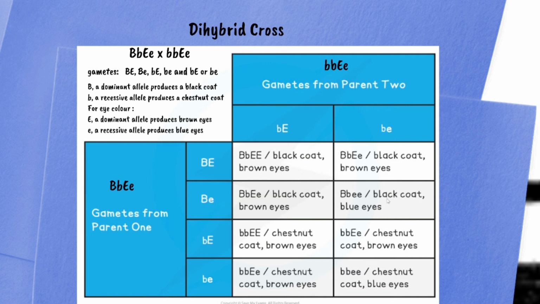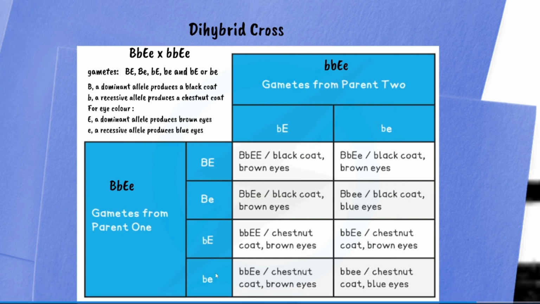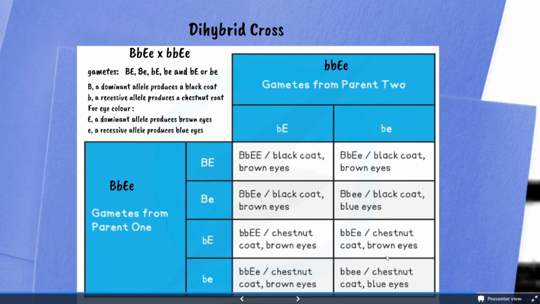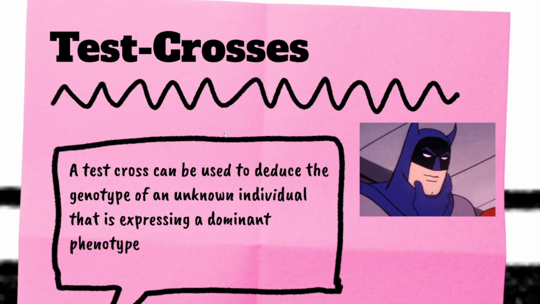The capital B gives a black coat because we have a capital B here. But here it's gonna be both recessive, because we got a small b with a small b and a small e with a small e. Therefore, only recessive traits are gonna be expressed, and a chestnut coat, which is recessive, with blue eyes, both recessive, is gonna form. Done.